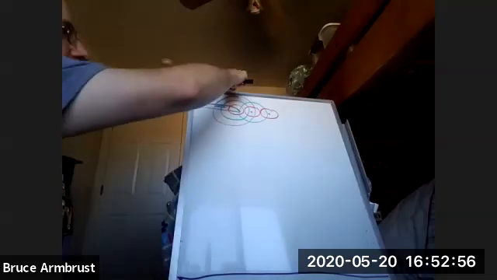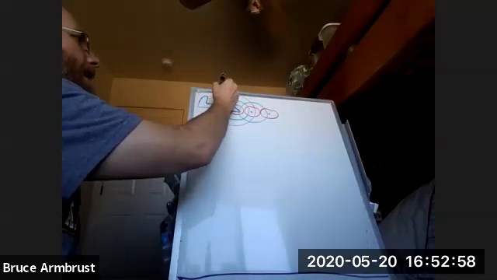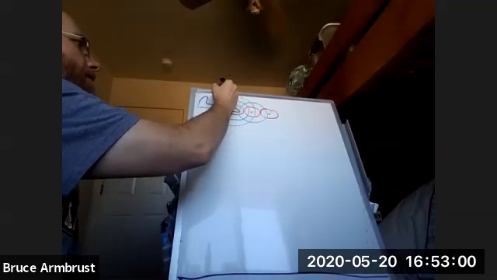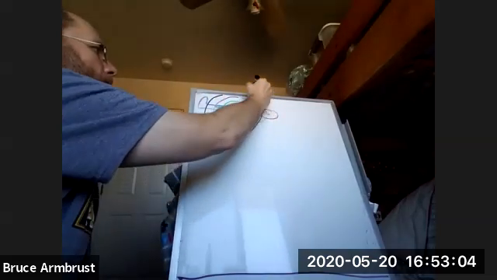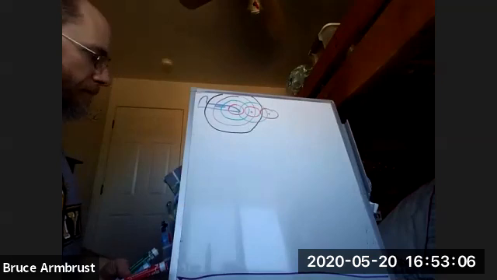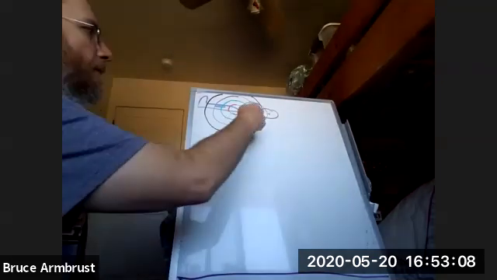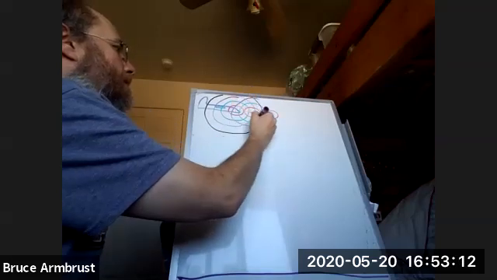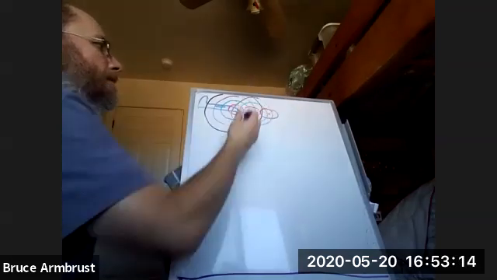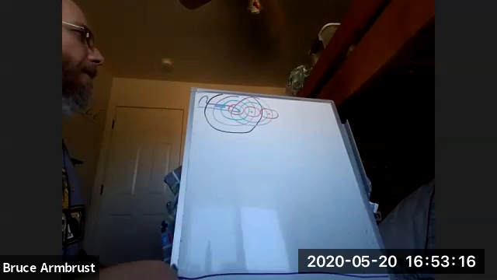I don't have enough space to draw it up here, so this will be in black, but let's pretend that it continues up there. So there's the black circle. We need a purple one around this green one. We need a green one around the red one.